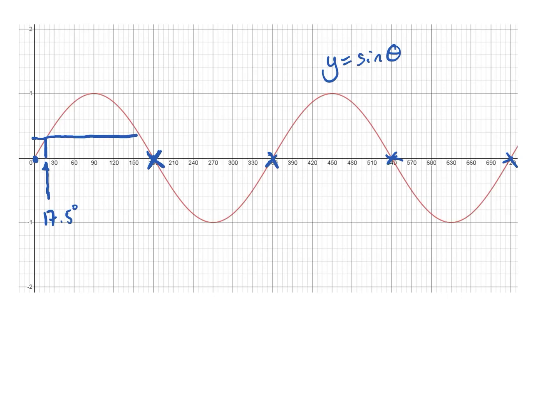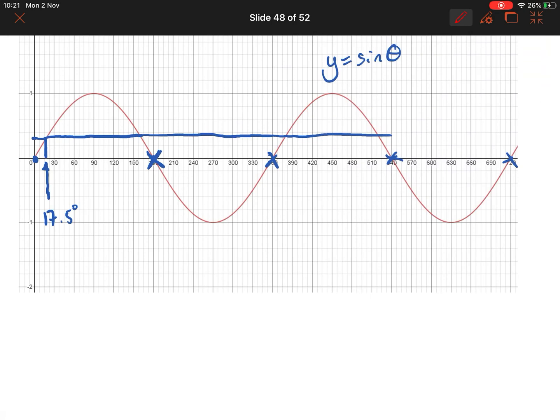But that's not the only answer in this range. There's actually 4 answers in the range from 0 to 720. One here, which you already said is 17.5, one here, and one here. Now, how are you going to find out what this value and this value are?